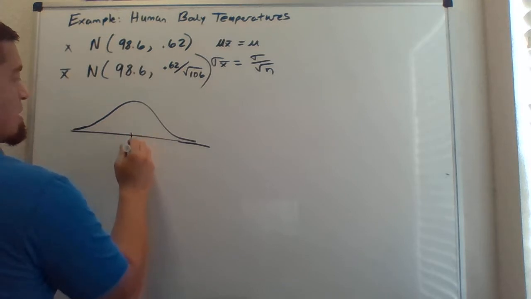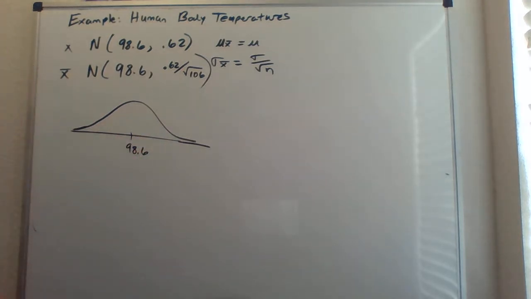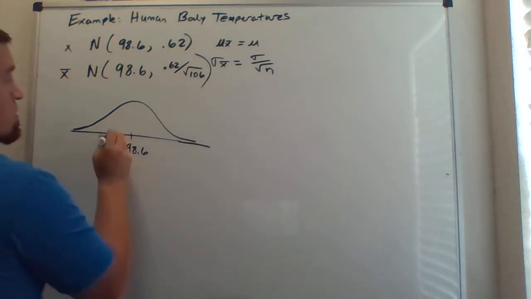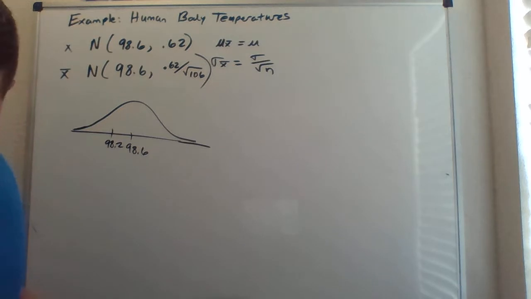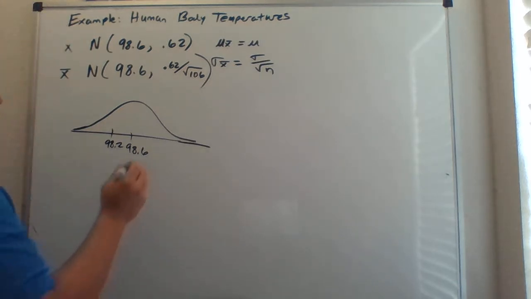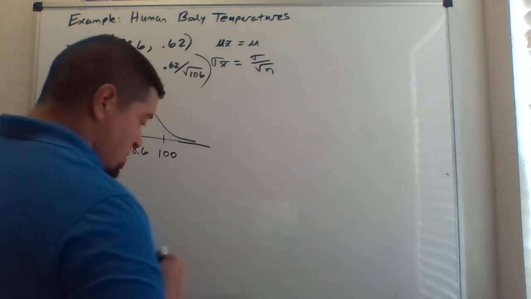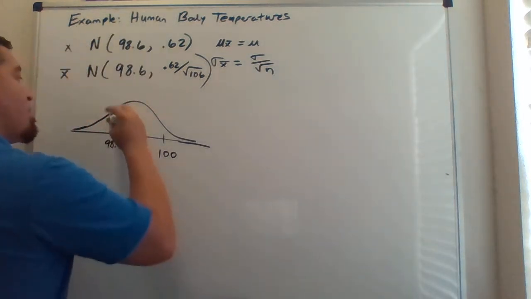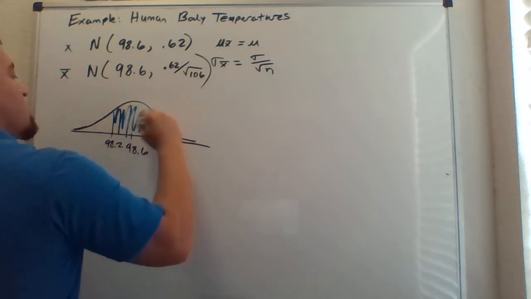So the mean is 98.6. I'm interested in the interval from 98.2, which is right there, all the way until 100 degrees, which we can say is about right here. And we're interested in the probability that it's between those two values. So I'm interested in this area.